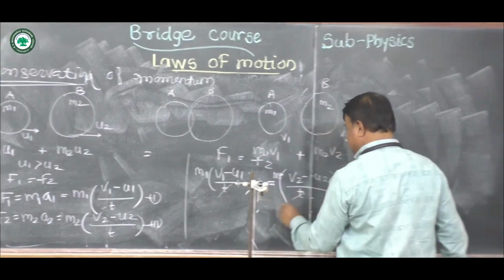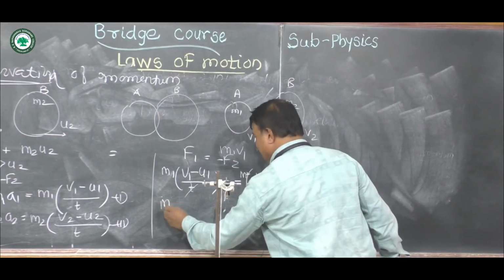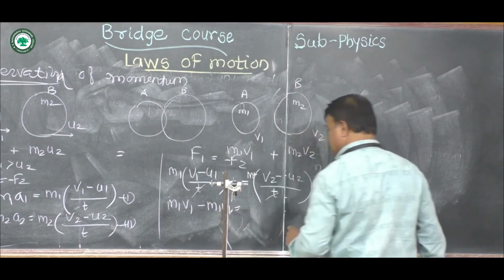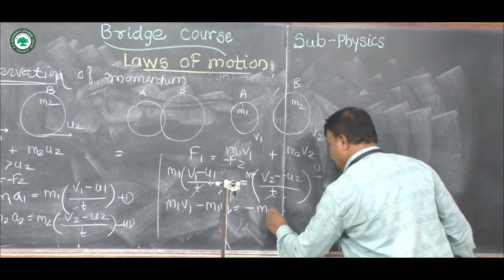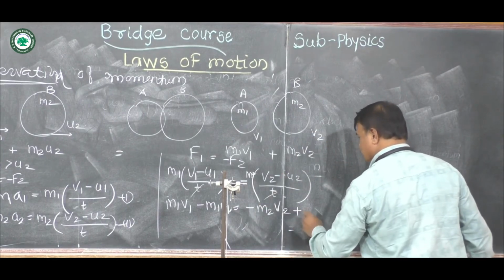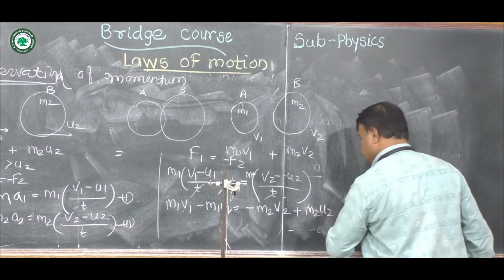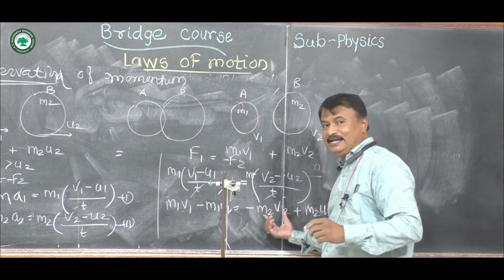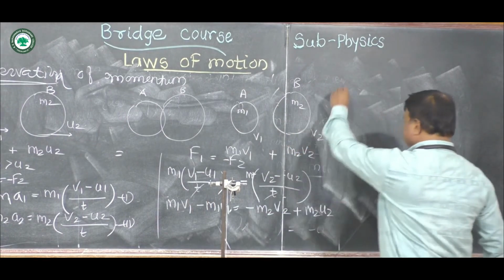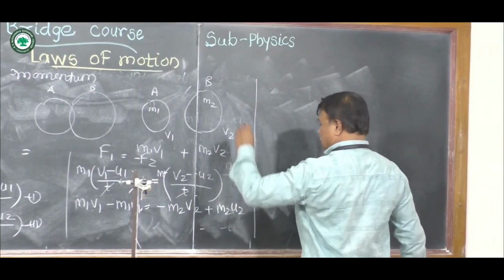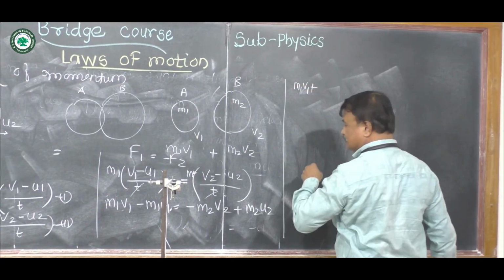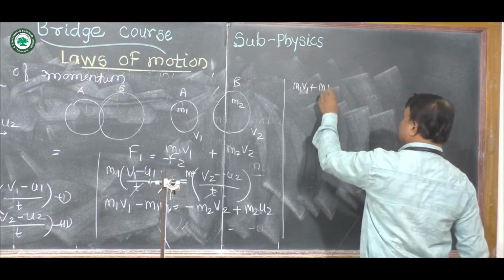This t gets cancelled. Then we get m1 v1 minus m1 u1, that is equal to minus m2 v2, minus minus will become plus m2 u2. Now this minus m2 v2 on that side will become plus. So we get m1 v1 plus m2 v2.